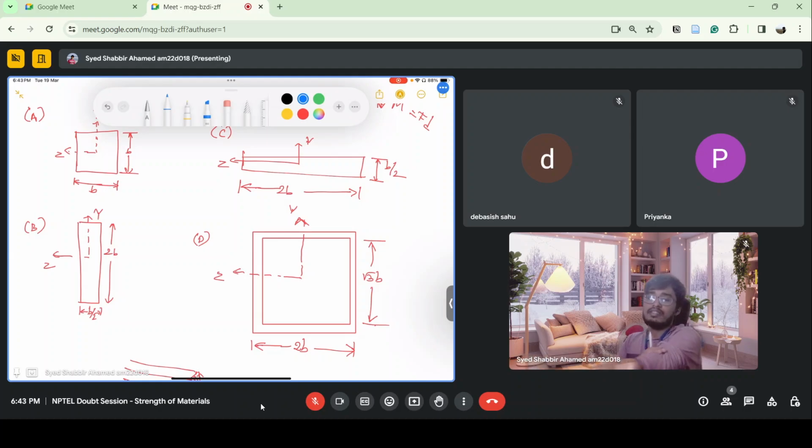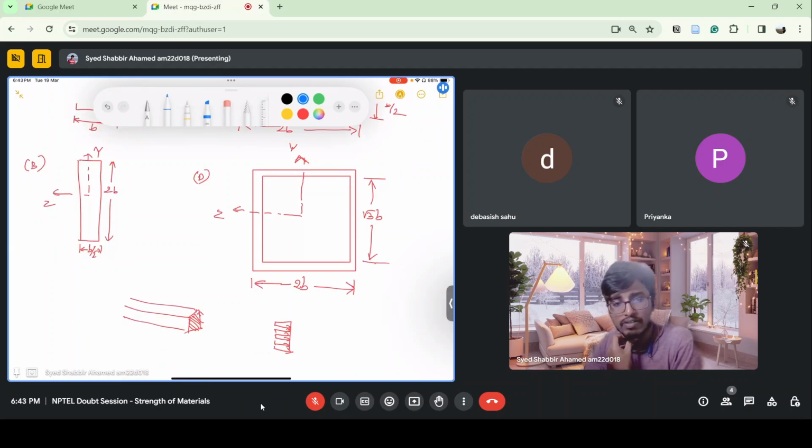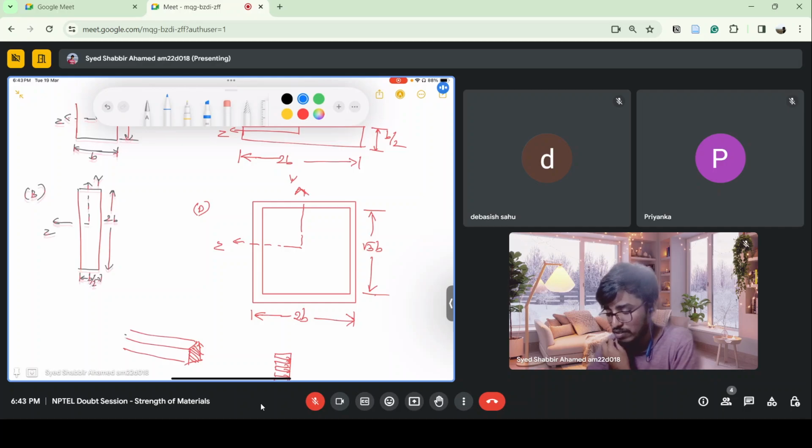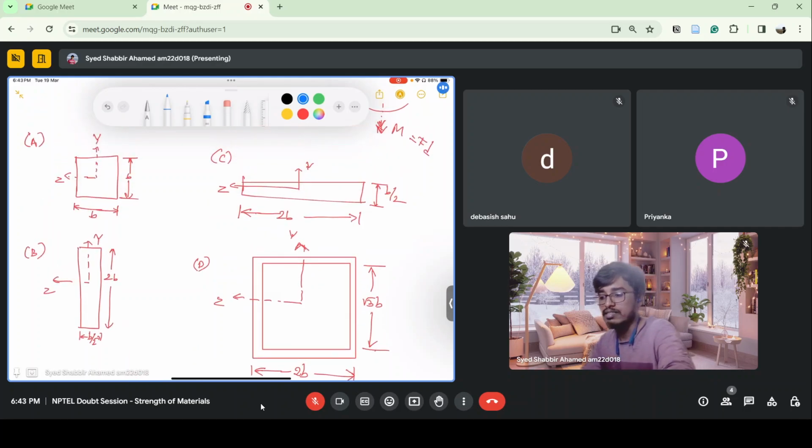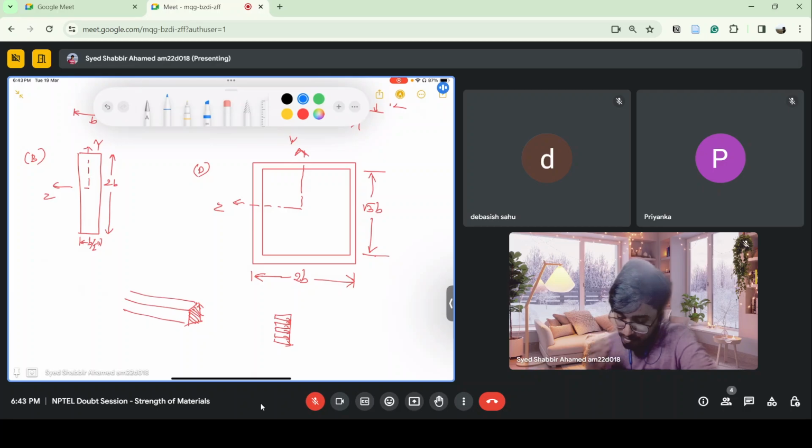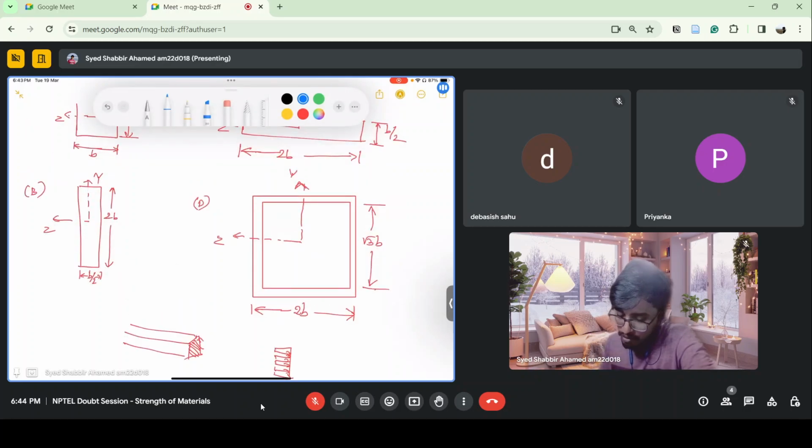Every cross section here has the same area, and we know that axial stresses are constant throughout the section. So it doesn't matter whichever cross section we take, it will have the same axial stress. It doesn't affect our decision, because the areas of the cross sections are same.